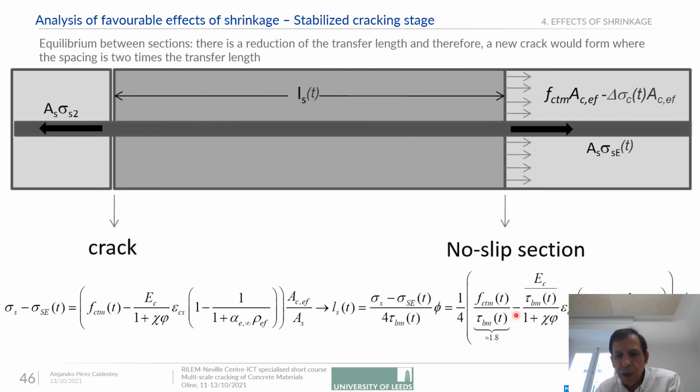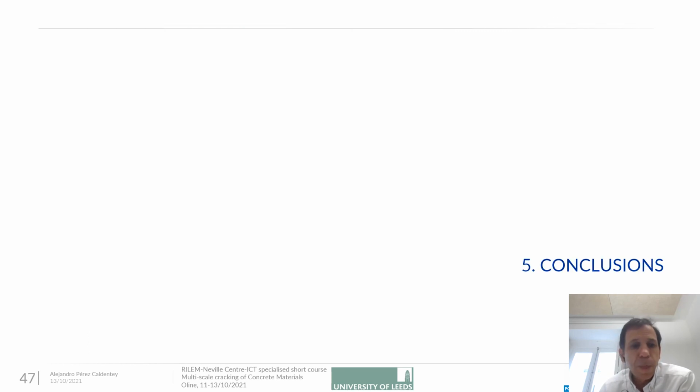And the effect of shrinkage is actually shortening the transfer length. So if we have two cracks which are formed 2 transfer lengths apart, which is the maximum that you can have, then due to shrinkage you would get a new crack in between, and this new crack will of course reduce to half the crack width, and therefore you would have a very favorable effect.